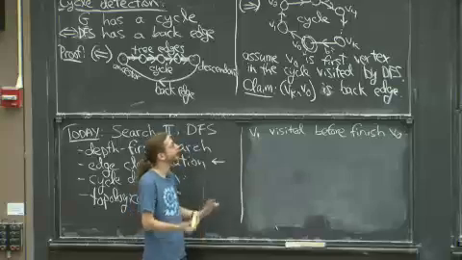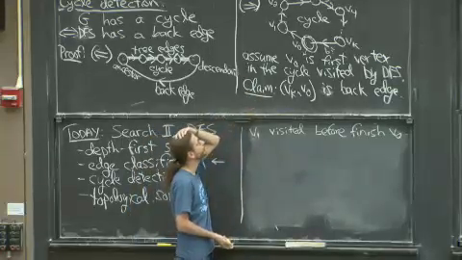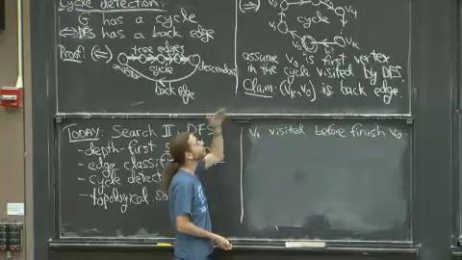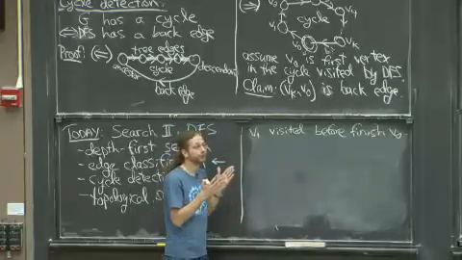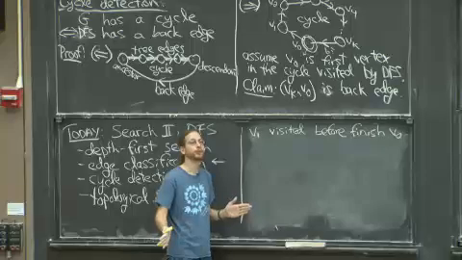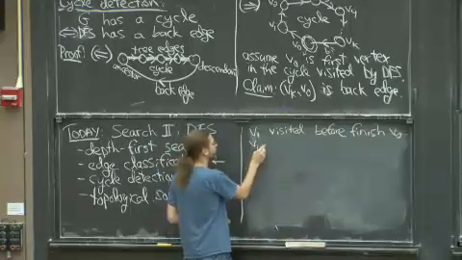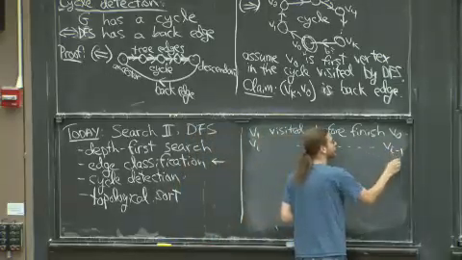So you can prove this by induction. You'll have to visit v1 before you finish visiting v0. You'll have to visit v2 before you finish visiting v1, although you might actually visit v2 before v1. You'll finish v2 before you finish v1, and so on. So vi will be visited before you finish vi minus 1.